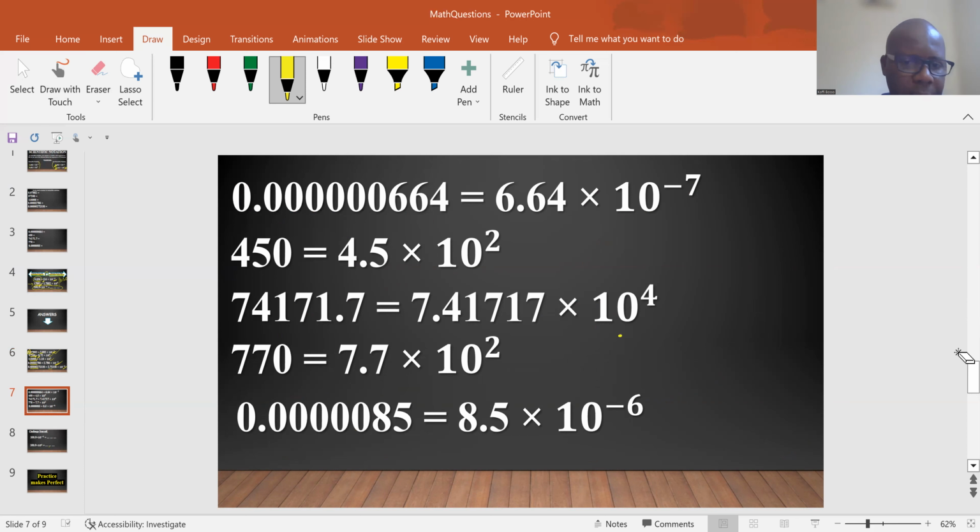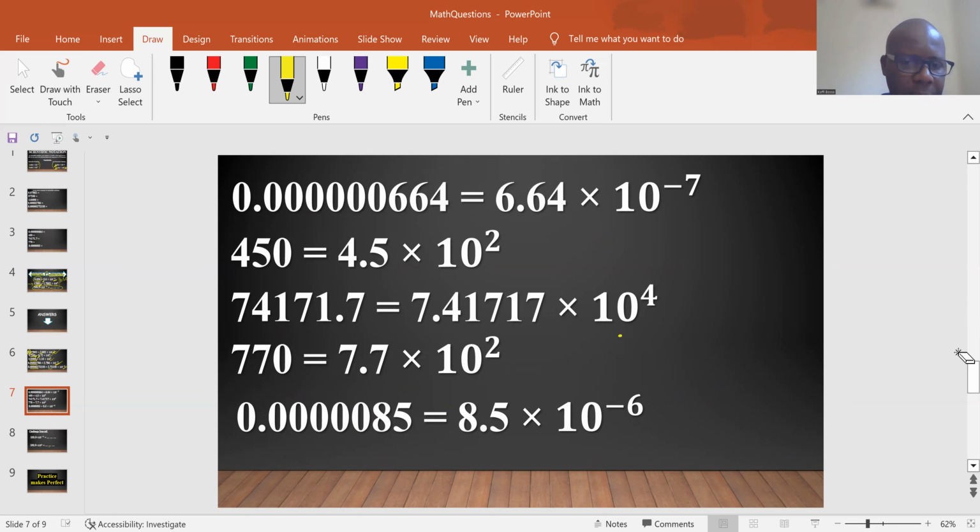It has to be 1 digit before the decimal. So to write it with 1 digit before the decimal, we will move the decimal 2 times to the left. So you have 3.509 times 10 raised to -2.